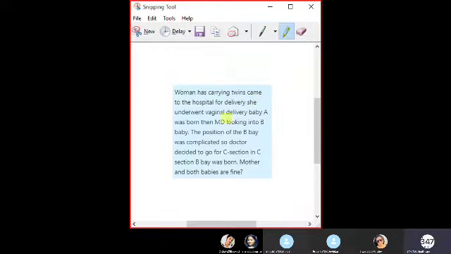She underwent vaginal delivery. Baby A was born. Then the MD looked into baby B. The position of baby B was complicated, so the doctor decided to go for C-section. In the C-section, baby B was born. Mother and both babies are fine.